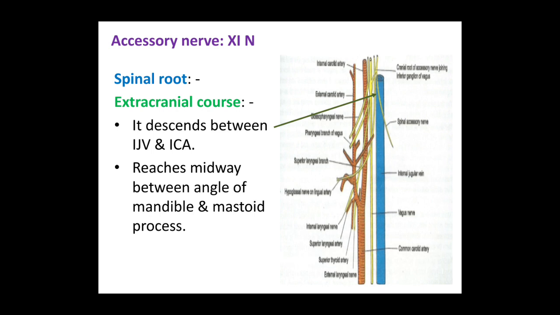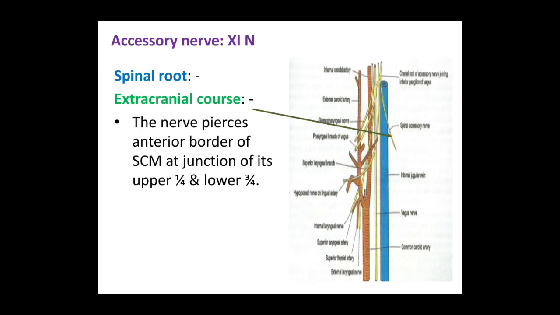Later, it descends between the internal jugular vein and internal carotid artery. It reaches midway between the angle of mandible and mastoid process. Later, the nerve pierces the anterior border of sternocleidomastoid at the junction of its upper 1/4 and lower 3/4.